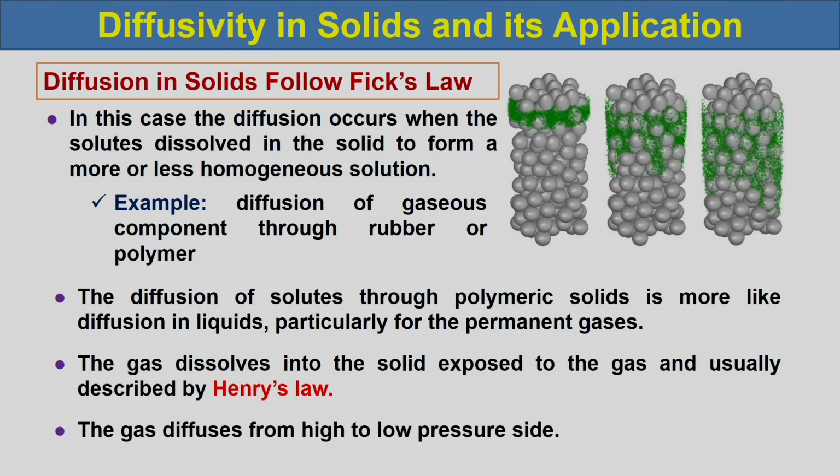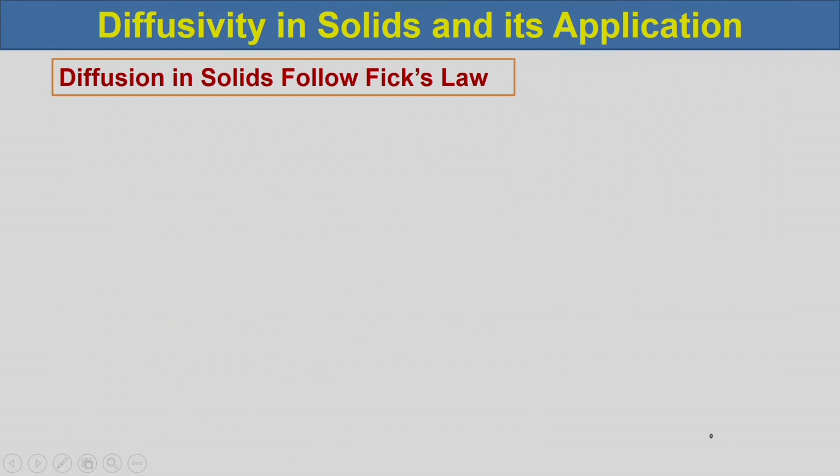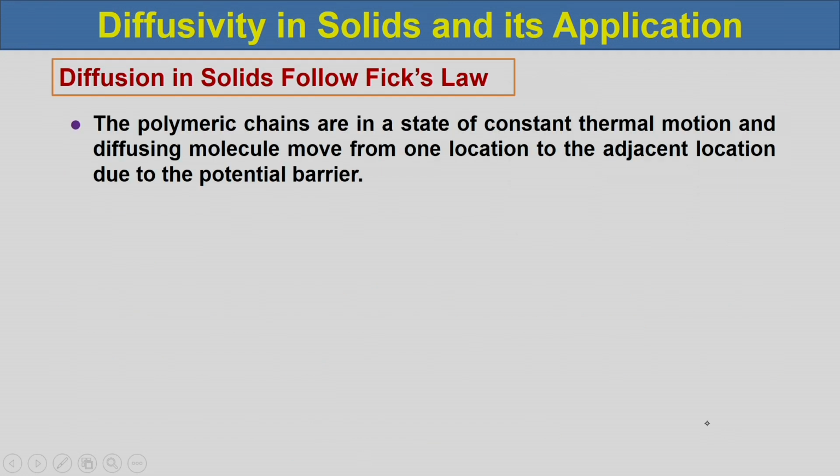The gas diffuses from the high to the low pressure side. The polymeric chains are in a state of constant thermal motion, and diffusing molecules move from one location to the adjacent location across the potential barrier.